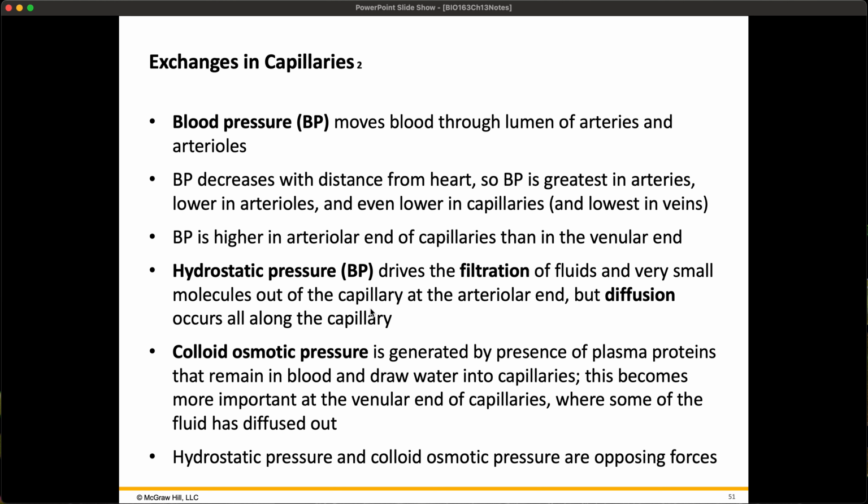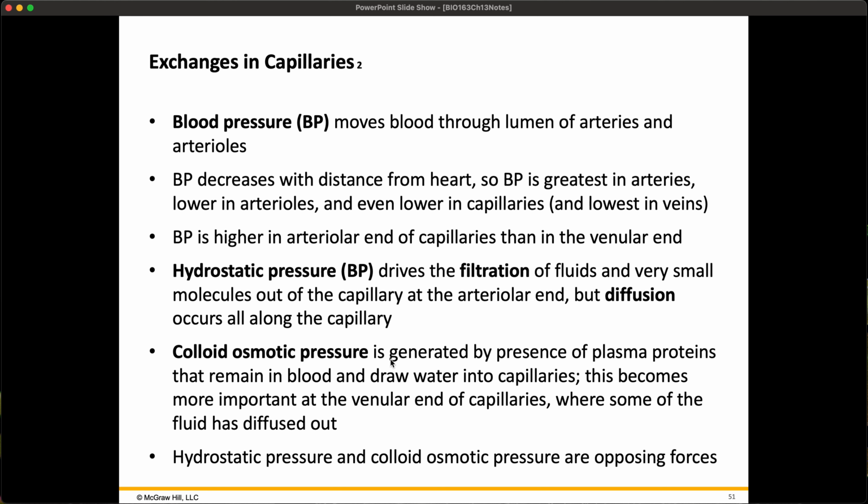At the arterial end, hydrostatic pressure, your blood pressure, is driving filtration of fluids and very small molecules out of the capillary bed, but diffusion occurs all along the capillary. Again, diffusion is independent of pressure. It's going to be a concentration gradient. So that's a different force.